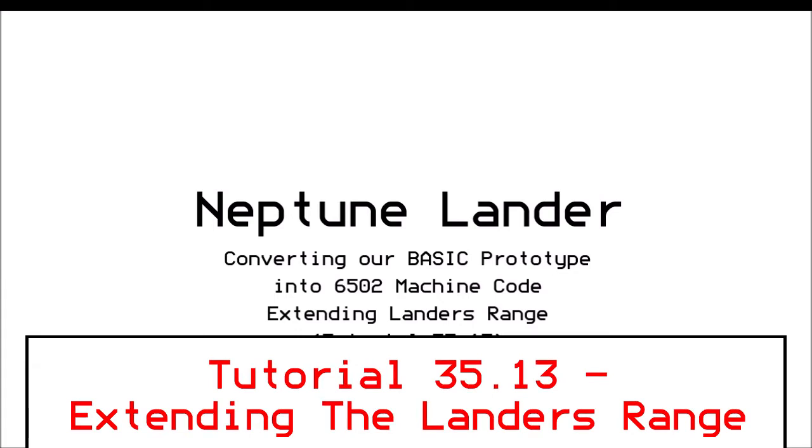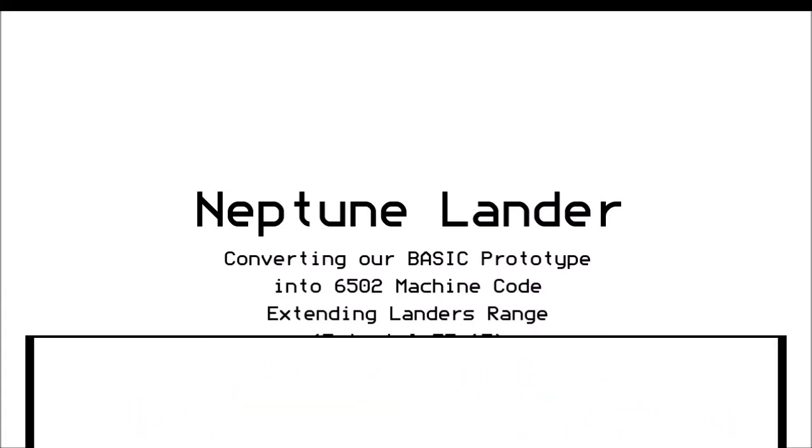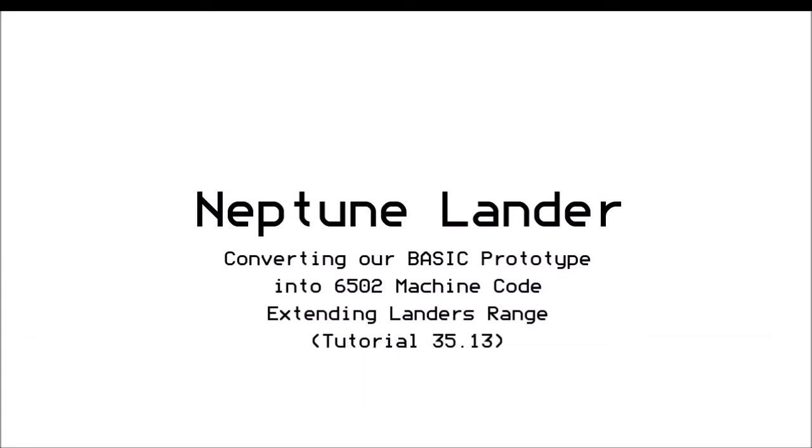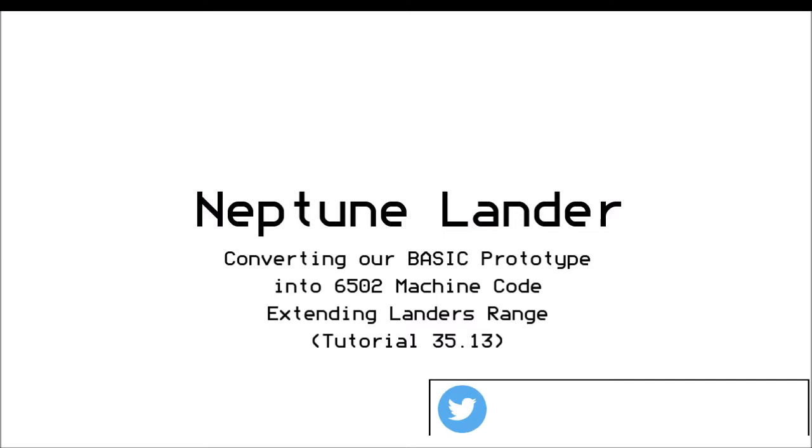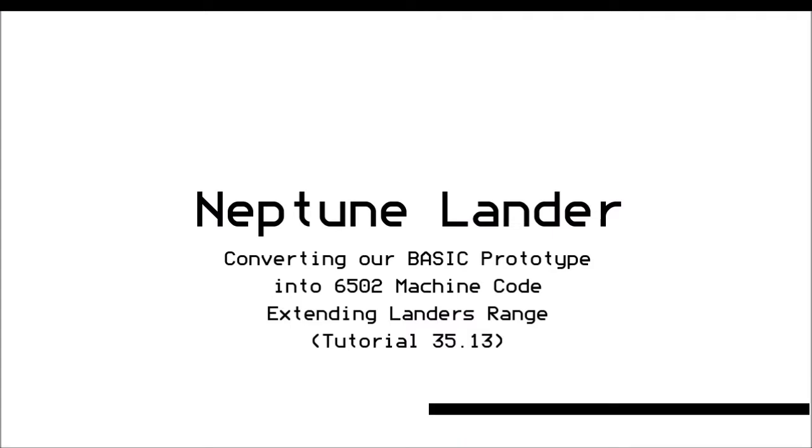In this episode, if you remember in the last one, our scenery was bigger than our lander could navigate horizontally, because we're only looking at the low byte, and we didn't even set the high bit.